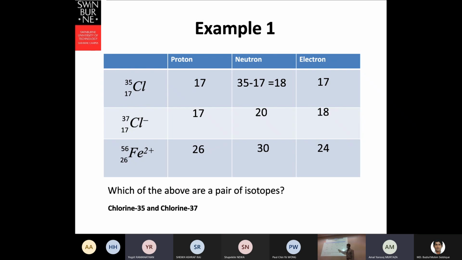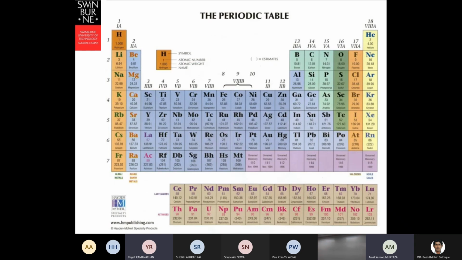So if we deduct, 2 positive charges remain there. Is it clear? Everyone clear? I know it's an easy thing. So this is chlorine and its isotopes.